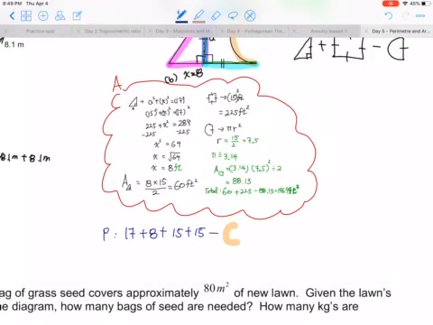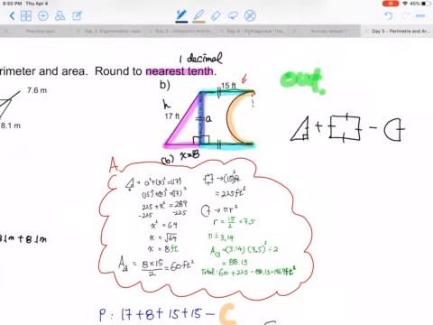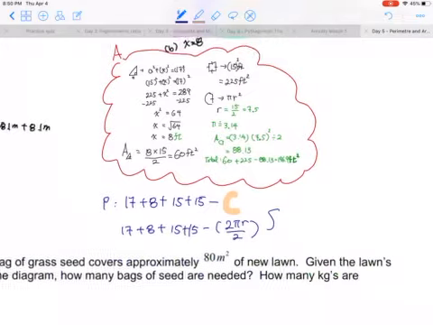The circumference of a half circle is very simple because it's half of the full circle's circumference. Now, the full circle's circumference is basically 2 pi r, or pi d, divided by 2. But again, we already know what r is. In this case, d is 15, so r is 7.5.